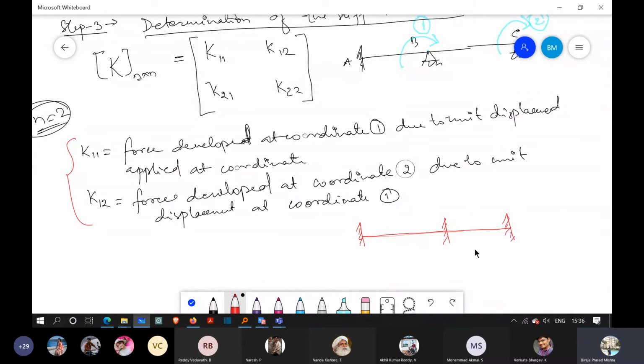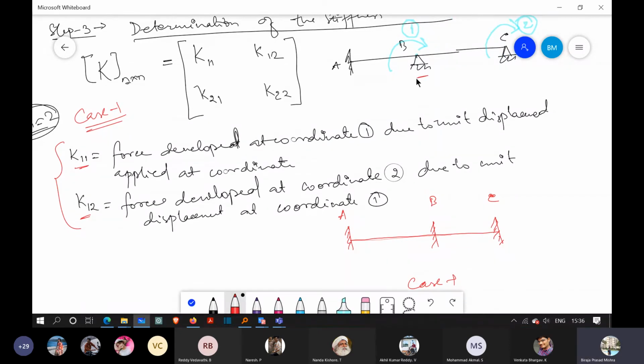This is case 1, and in case 1 we will find K11 and K12. So this is A, B, C. Instead of this hinge support, we made these two supports fixed, and here we will apply unit rotation, that is unit displacement.